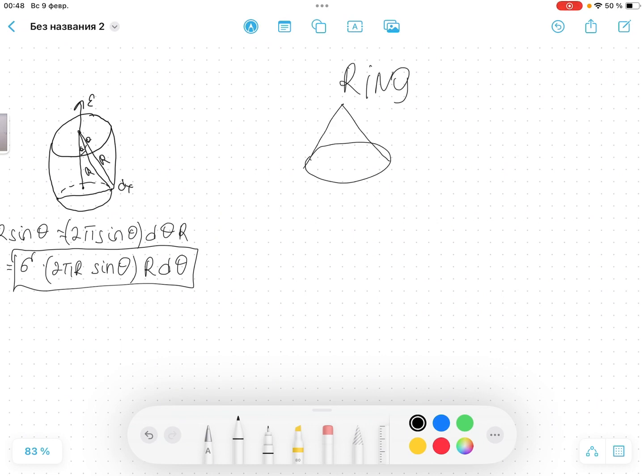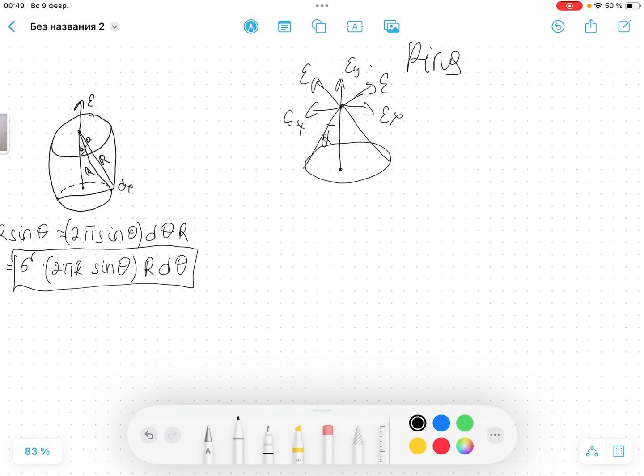Then our electric field will be multiplied by cosine delta, and our cosine delta is equal to x over r, the radius. Then the radius we take from our hemisphere, because each part of this hemisphere is located at radius r. It's the electric field of a very little amount of area that forms a ring from our hemisphere.